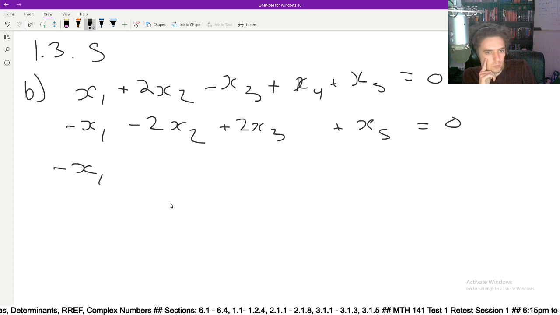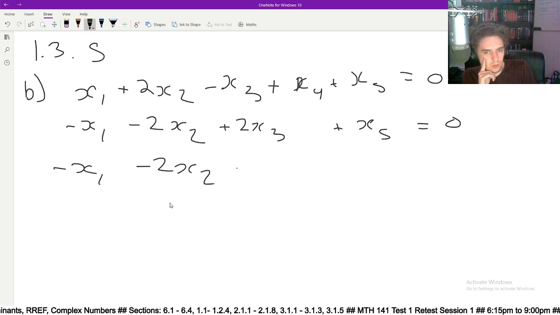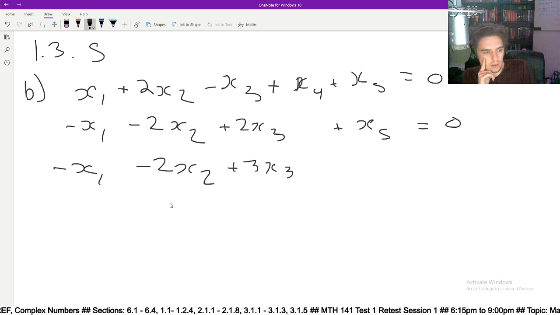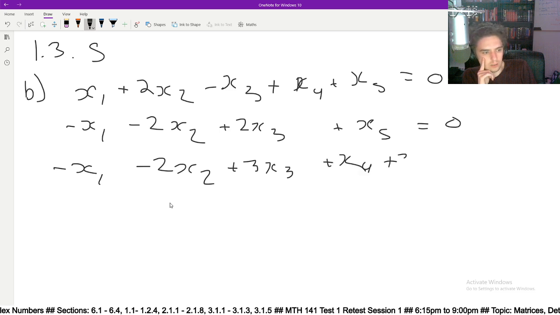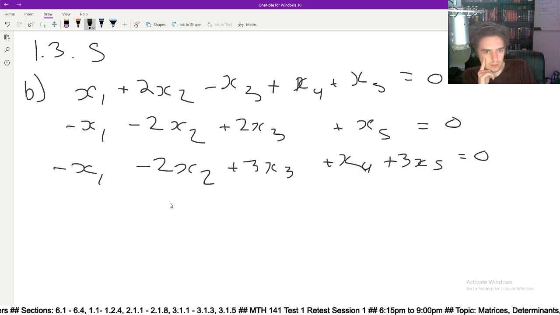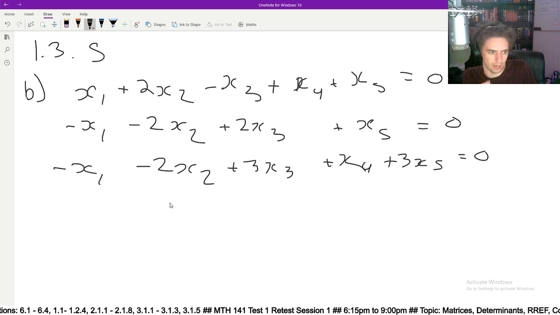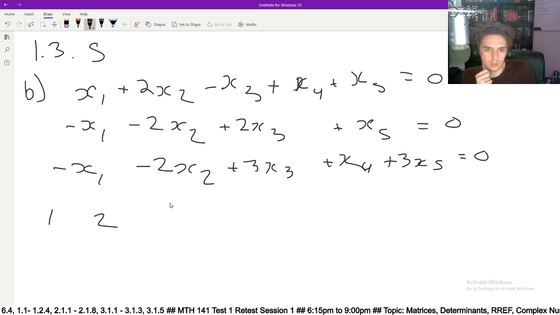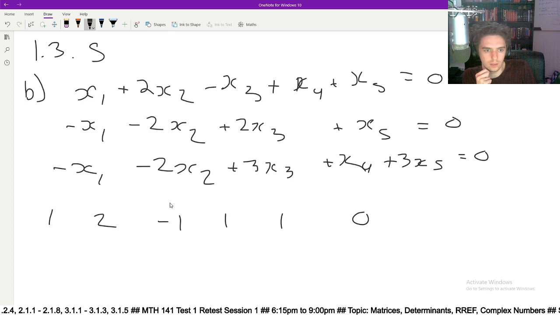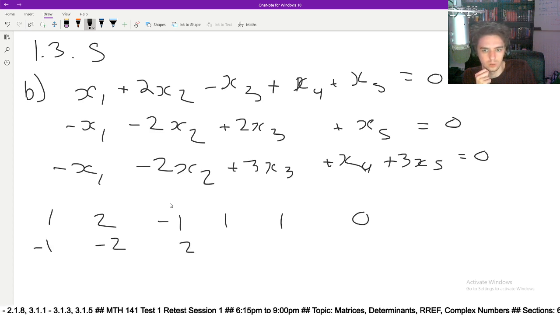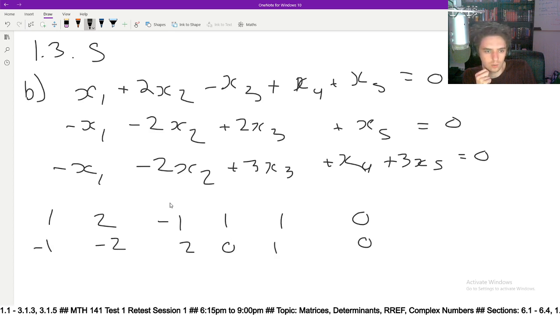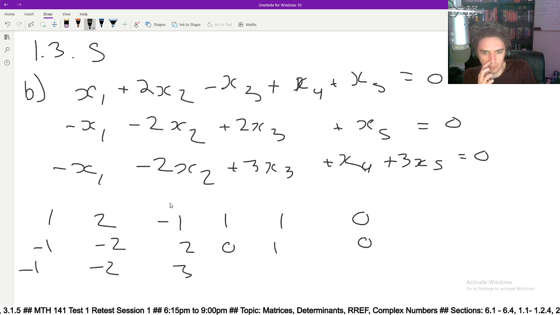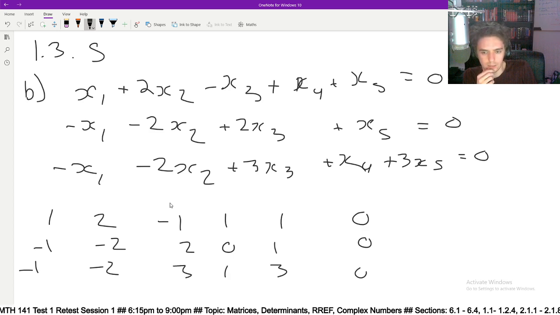And minus x1 minus 2x2 plus 3x3 plus x4 plus 3x5 equals 0. So our matrix is 1, 2, minus 1, 1, 1, 0; minus 1, minus 2, 2, 0, 1, 0; minus 1, minus 2, 3, 1, 3, 0.